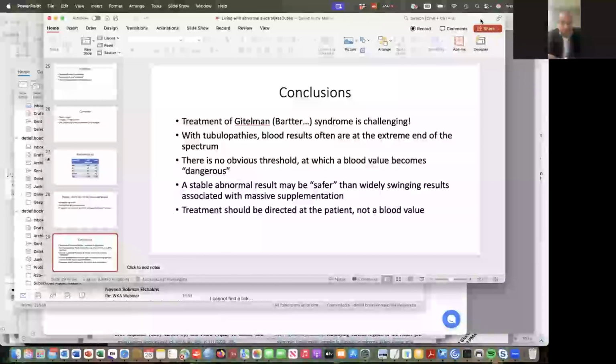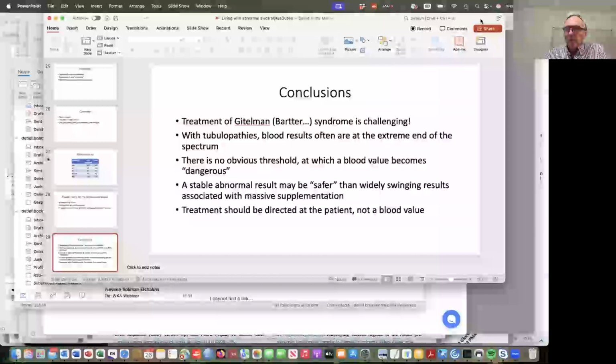Another question on growth hormone in Bartter syndrome, if the growth is really impaired. I come from a unit in London where we have always been very, very hesitant about giving growth hormone and have done it very, very little.